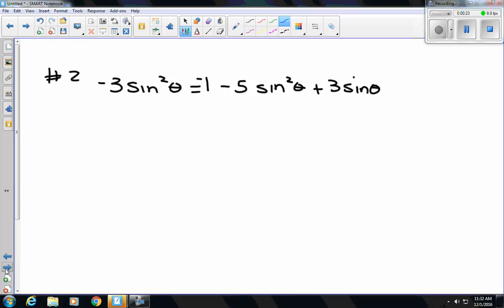Okay, so I want to try to give you some strategies. When I look at these problems, the first thing I'm going to look for is whether or not they have any squared terms. If they have a squared term, there's a potential that I might have to factor it, but there's also a potential that I might have to do what else? Take the square root.